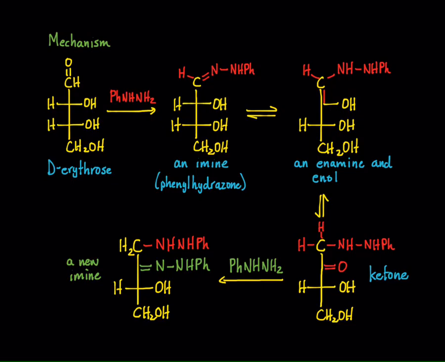All right, so I'm going to take this structure, and obviously we're not quite done because notice I told you we actually need 3 equivalents of phenylhydrazine, and aniline's coming off and ammonia's coming off, and this is not what we call our osazone, right? The osazone has essentially 2 imines.